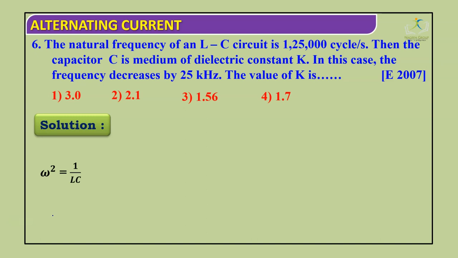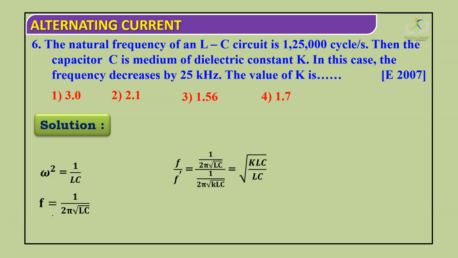We know that for the natural frequency, omega square is equal to 1 by LC. So frequency comes as 1 by 2 pi under root LC. If I put the ratio of F by F prime, this becomes 1 by 2 pi under root LC. When a dielectric constant is inserted, the new frequency is 1 by 2 pi under root KLC.